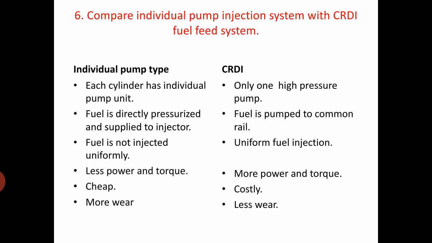In the individual pump, fuel is not injected uniformly, but in CRDI uniform fuel injection is obtained because pressure is maintained constant. In the individual pump type, less power and torque are produced due to non-uniform fuel distribution, but in CRDI more power and torque are available. Individual pump systems are cheap compared to CRDI, but CRDI systems are costly.